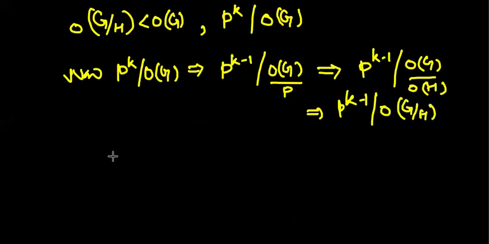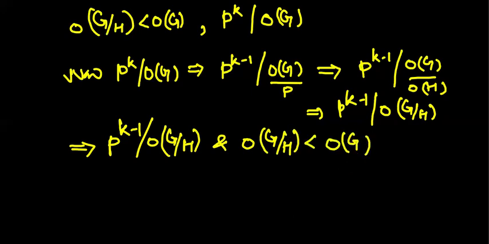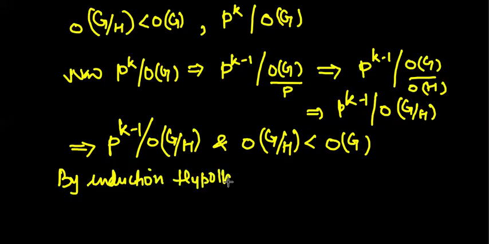So we have got p^(k-1) divides order of G mod H, and order of G mod H is less than order of G. So again the induction hypothesis becomes active. So by induction hypothesis, this is because if the order is less than this and p raised to power something divides the order, there exists a subgroup.